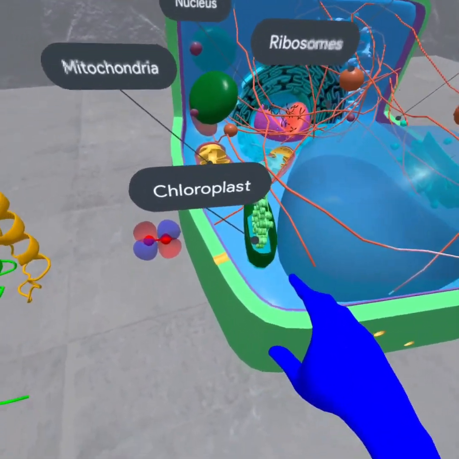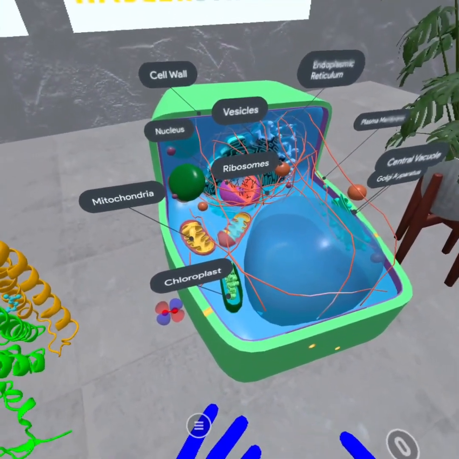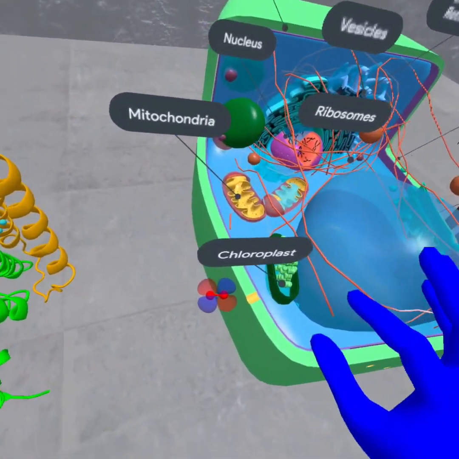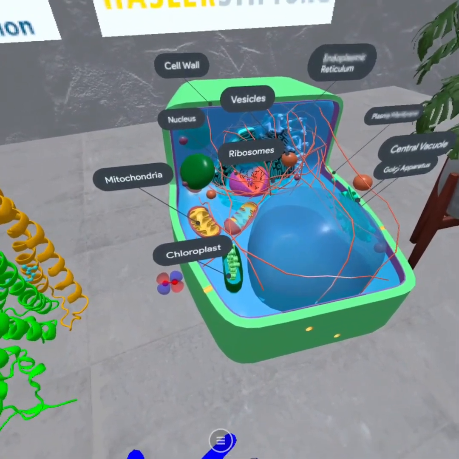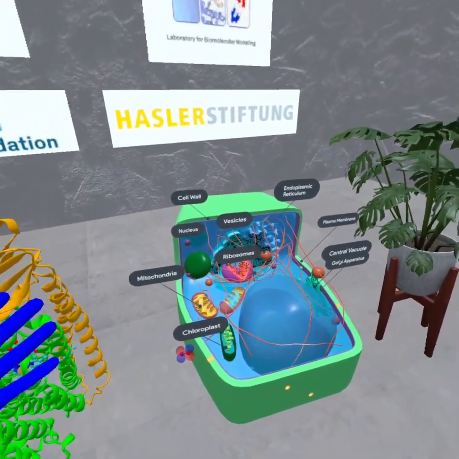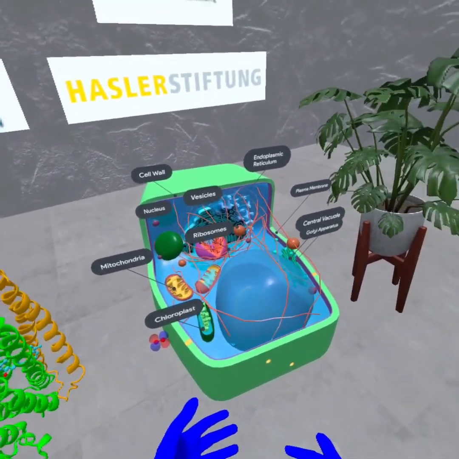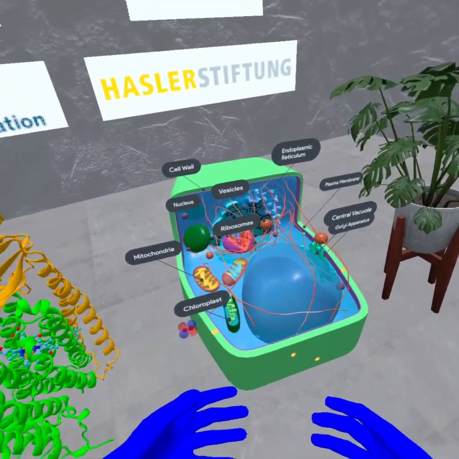plants have a special organelle called the chloroplasts, which is green because it has a lot of chlorophyll, a green pigment. In chloroplasts, it's where photosynthesis happens and where light from the sun is used to oxidize water and produce oxygen, okay?